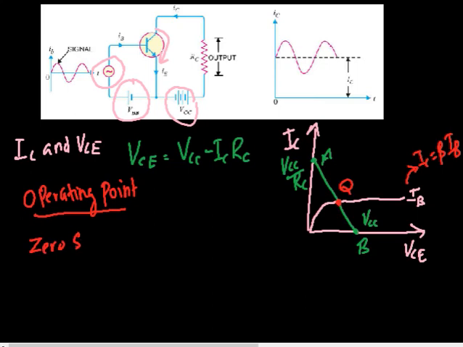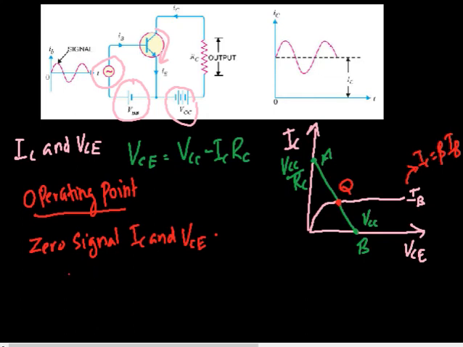Now this operating point is actually the zero signal collector current and collector emitter voltage. So the operating point is also defined as the zero signal values of collector current and collector emitter voltage. It is called a silent point or quiescent point because these are the values of IC and VCE when no signal is applied.